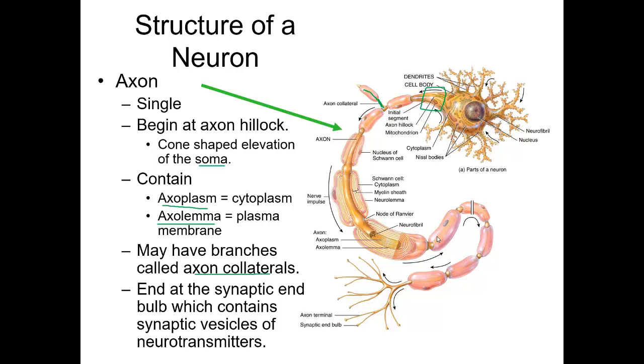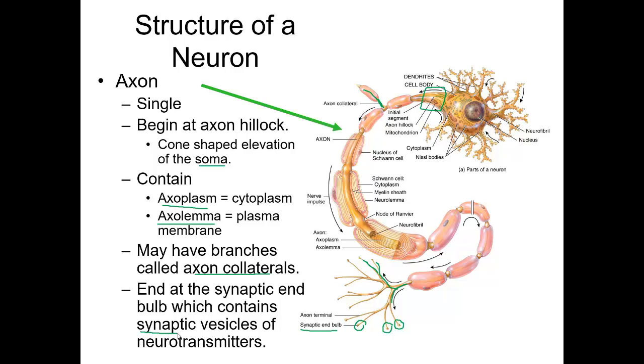At the very end of the axon, you might have additional branches. There are several additional branches in this axon. Here's a branch, here's a branch. And at the end of each branch, you have a little bump. Here's a little bump, here's a little bump. Now, each of these bumps is called a synaptic end bulb. Now, this synaptic end bulb is going to be extremely important when we discuss synapses.